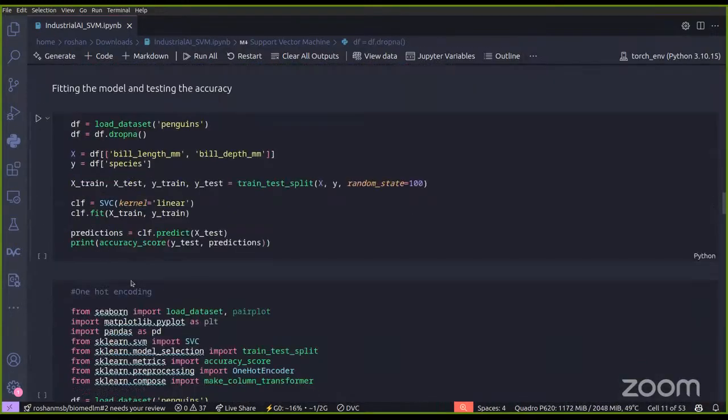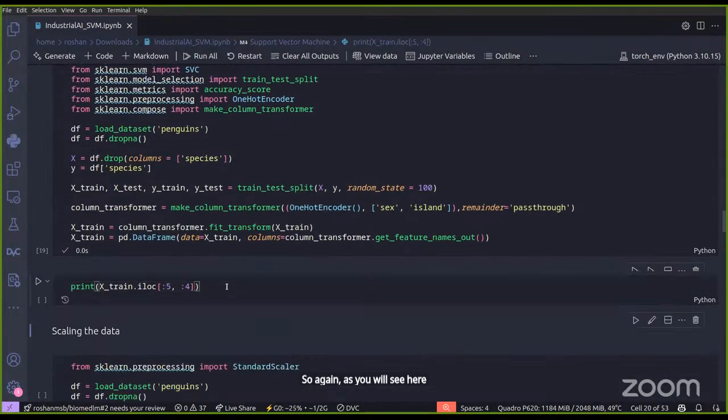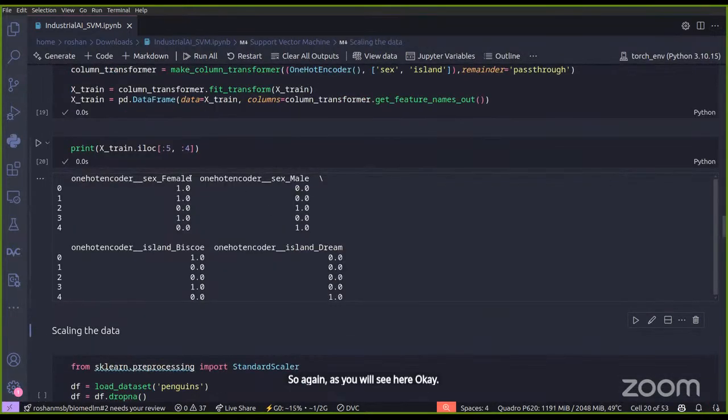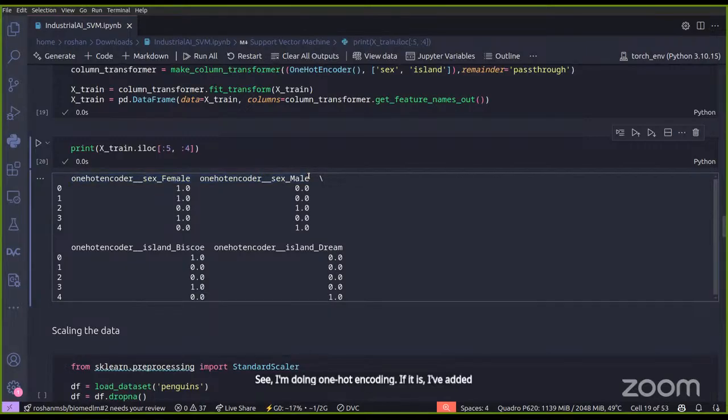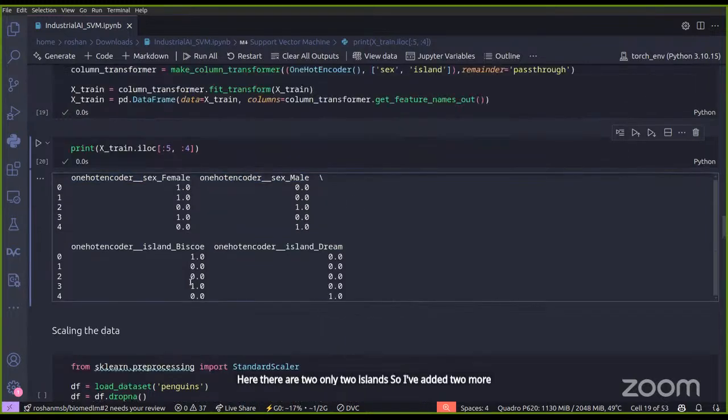So again, as you will see here, I'm doing one-hot encoding. Here there are only two islands, so I've added two more columns in my features.